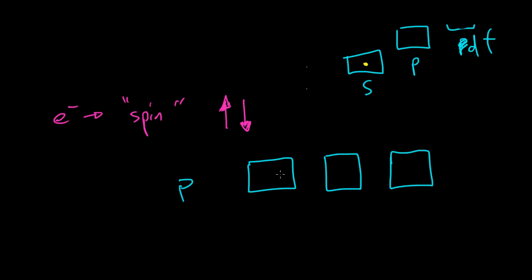If we introduce one electron, it will do this. We'll only have one up spin. Then, when we introduce a second electron, it is not going to pair with the first one. It is instead going to be another up spin in the second p orbital. And likewise, if we introduce a third, it will go into the third one. Only then will they start filling up with the opposite spin. So that is Hund's rule.